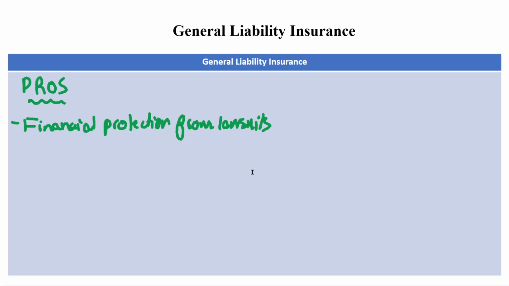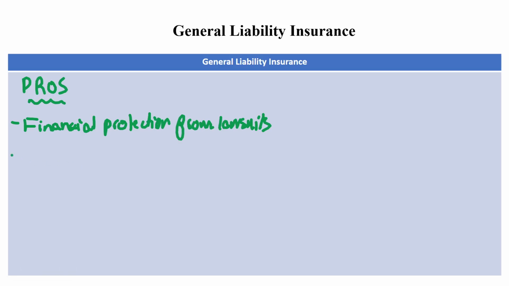Without insurance, a business owner would have to pay these expenses out of pocket, which could lead to severe financial strain or even bankruptcy. General liability insurance acts as a financial safety net, ensuring that businesses can handle legal claims without jeopardizing their operations.